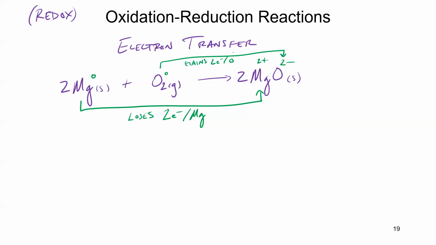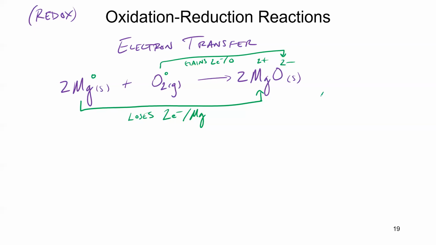And so overall for this reaction, how many electrons are transferred? Taylor? 0. So net, there's 0 charge change, that's true. But how many are transferred? If the magnesium loses 2 per magnesium atom and the oxygen gains 2 per oxygen atom, how many electrons are changing hands? 4. 4, that's right.